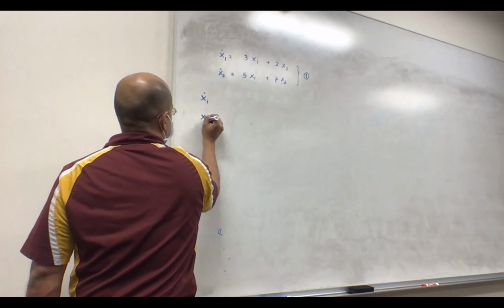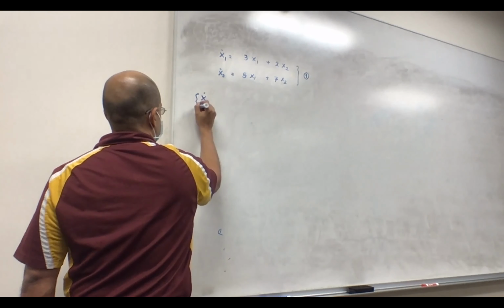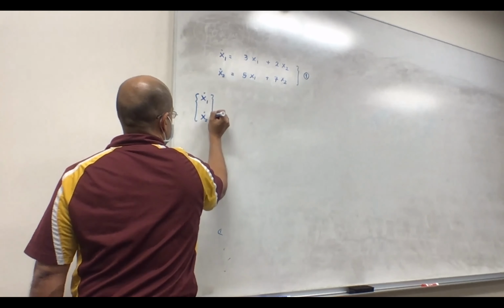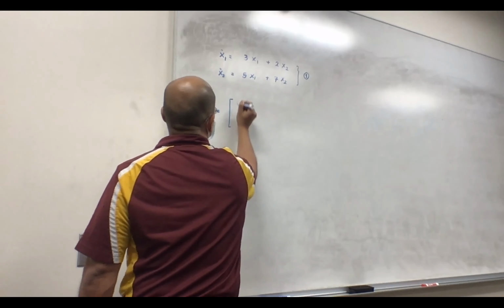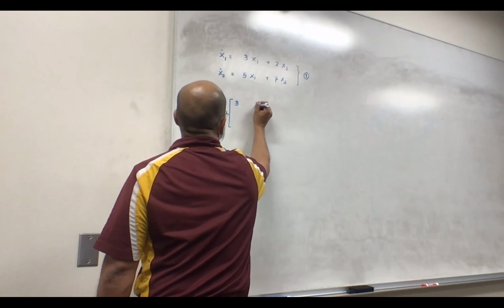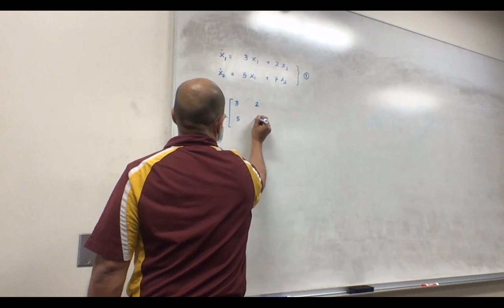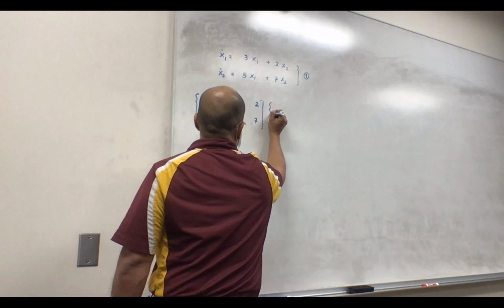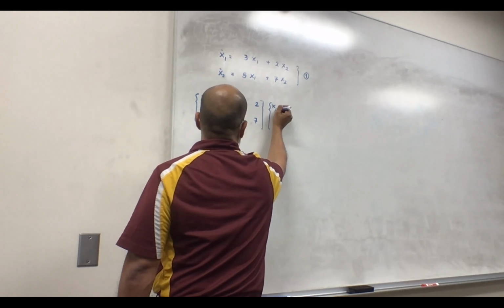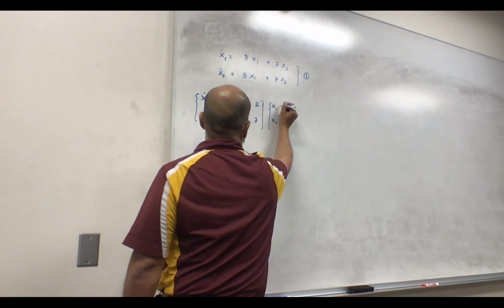x1 dot, x2 dot is equal to the matrix 3, 2, 5, 7, and I have x1 and x2.